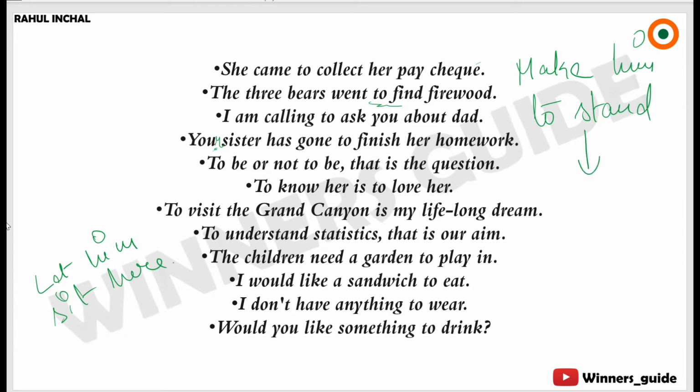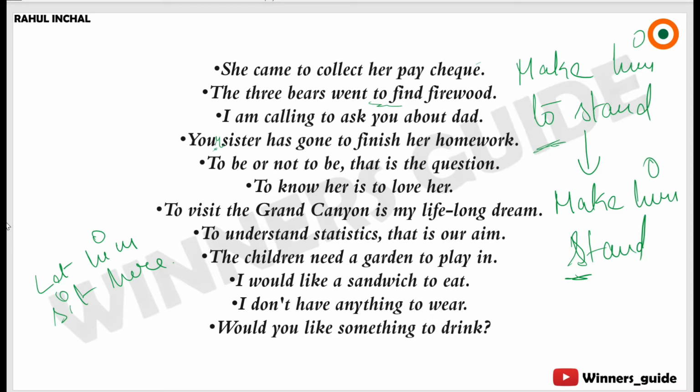Now this sentence can also be written as make him stand. Now you see, zero infinitive and to infinitive. This is the major difference. Anything that forms to go and to find are infinitives. This is basically it. These are a few examples that I just showed you.